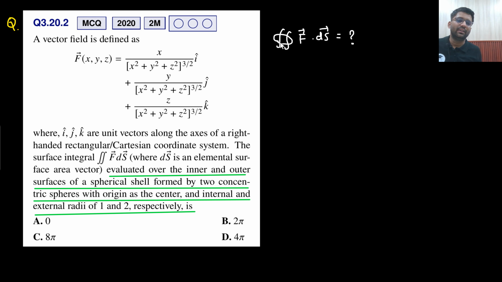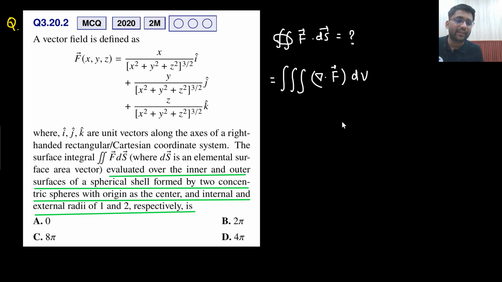Since it is closed surface integral, I know one thing, that this could be equated to del dot f dv. So first, at least try calculating del dot f. Who knows, something we might be getting. You have studied so many hours of vector calculus. One question of 2 marks is coming. Just because you are not able to understand ds, will you be dropping it in the examination hall? So my recommendation would be, don't drop questions like that.